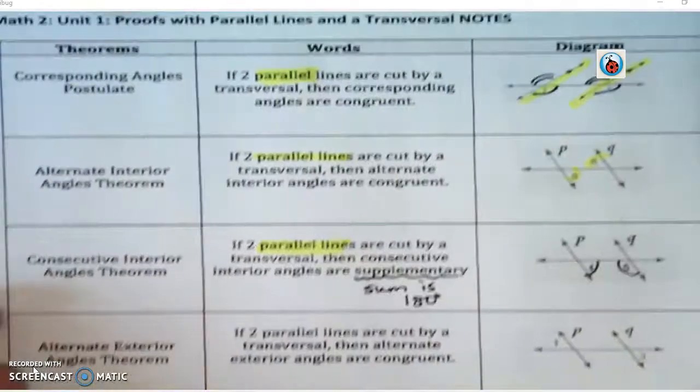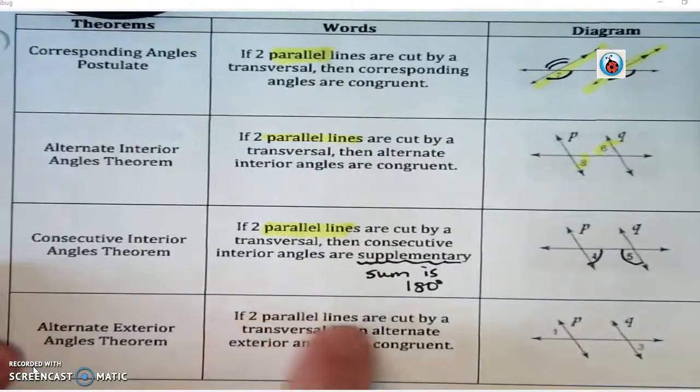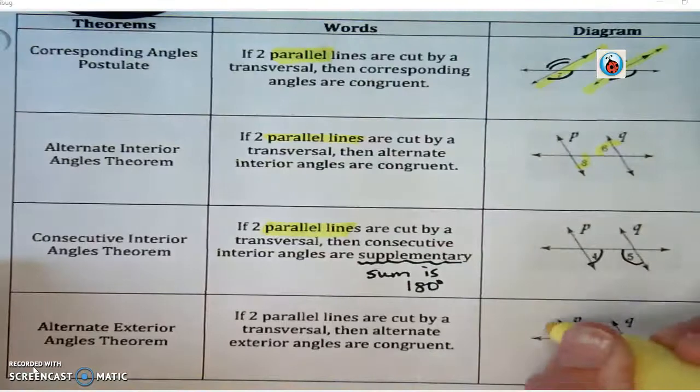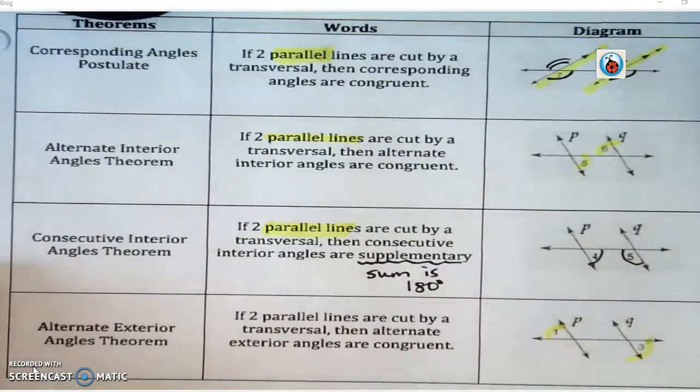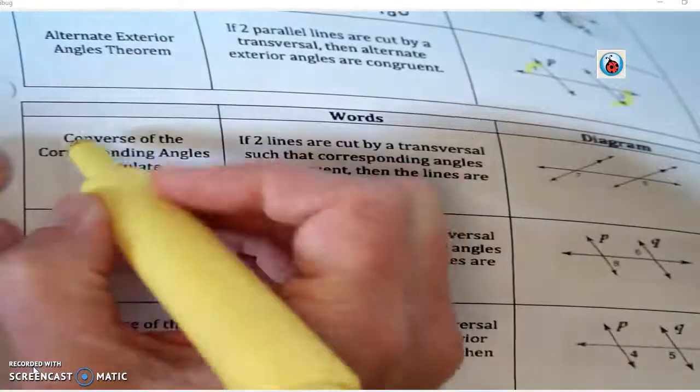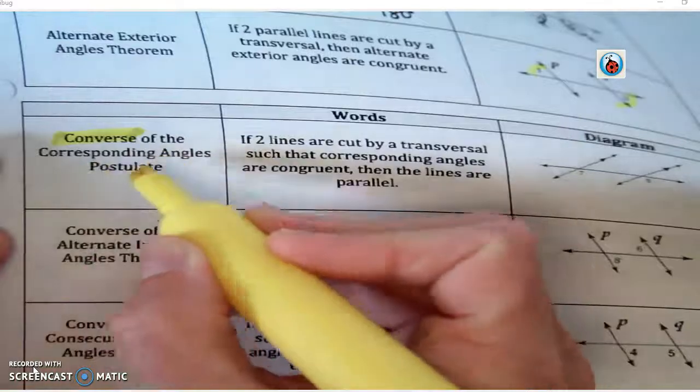The alternate exterior angles theorem: if two parallel lines are cut by a transversal, then alternate exterior angles are congruent. So here's one set of alternate exterior angles, and they are congruent. You also have the converse of the corresponding angles postulate.